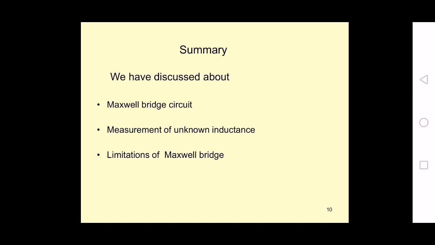When the detector response is 0, the potential difference between A and C is 0, which means the potential from B to A should be equal to B to C. We already know the currents through the arms are I1, I2, I3, I4. So I1 Z1 will be equal to I2 Z2.